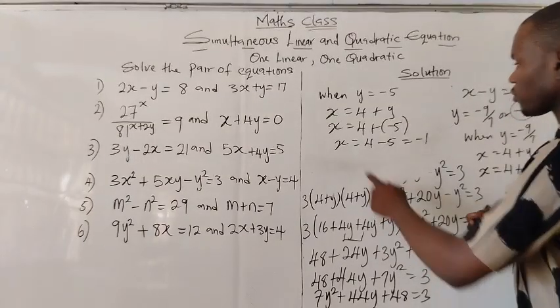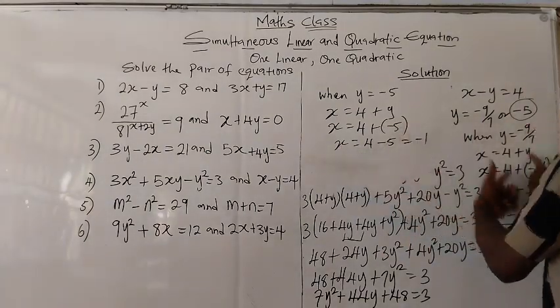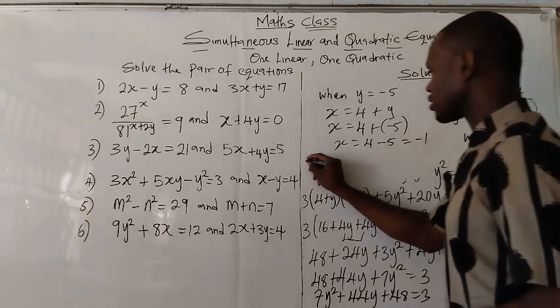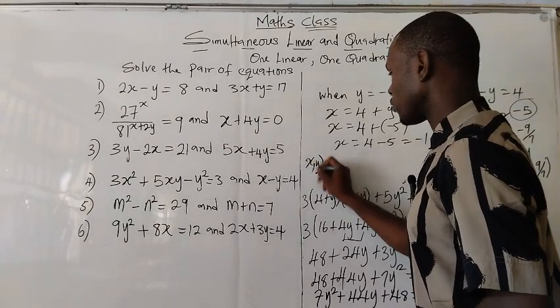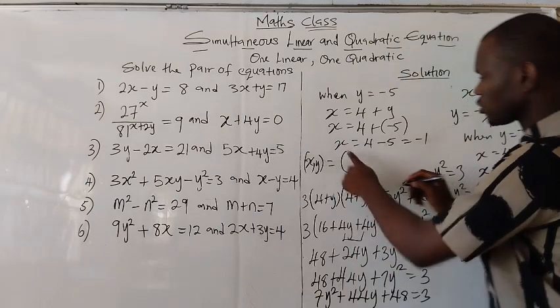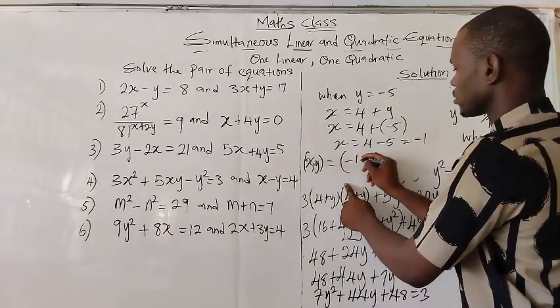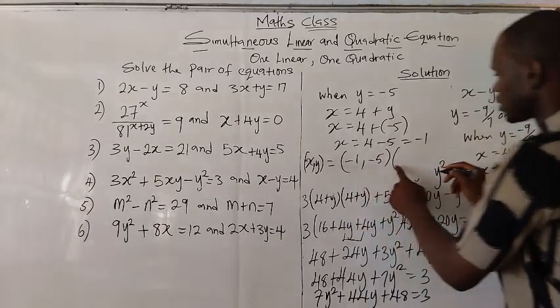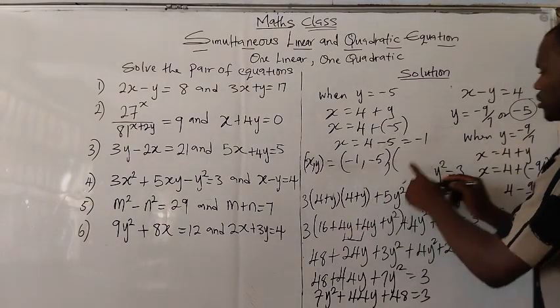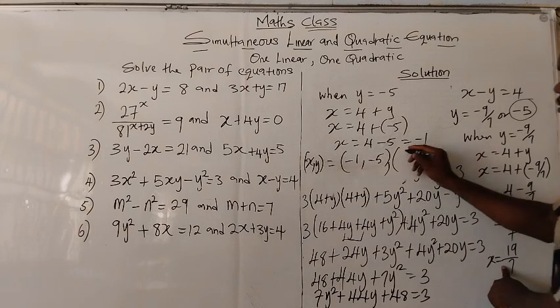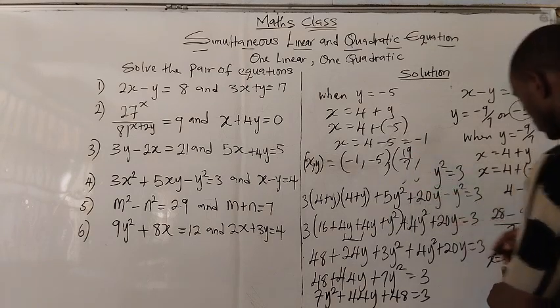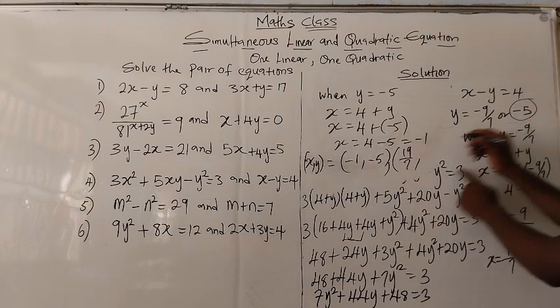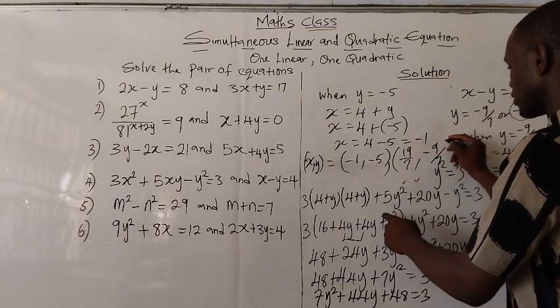So now that we have gotten the values of x and the values of y, let's take our answer. We have (x, y) equal to, when x is negative 1, what is our y? Negative 5. What about, this is comma, when x is 19 over 7, our y is negative 9 over 7.